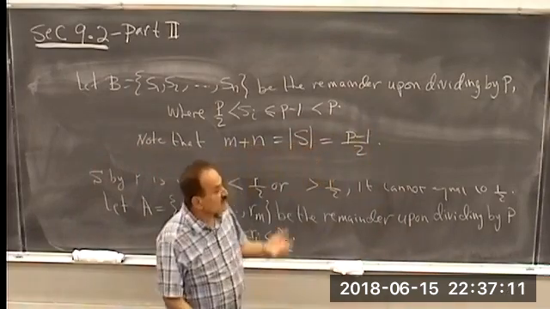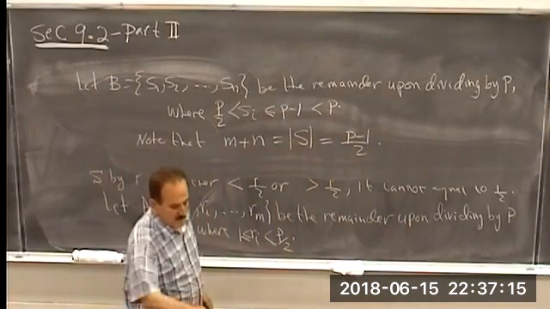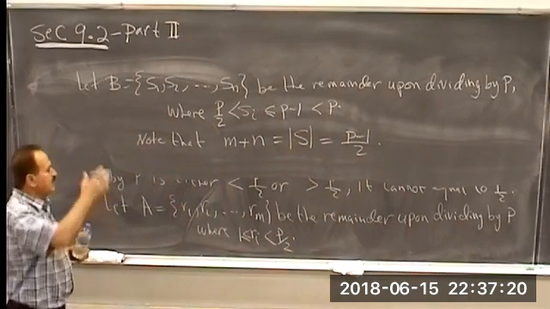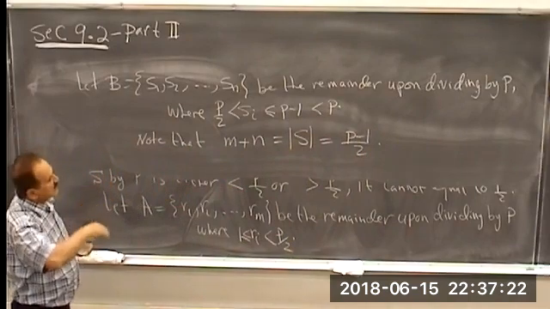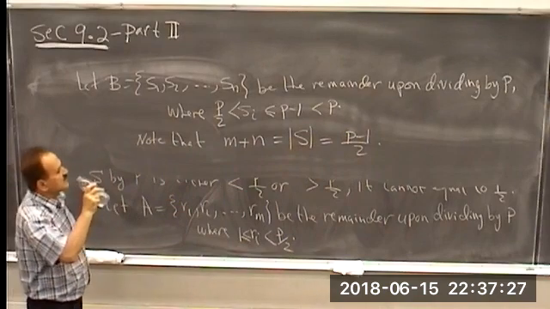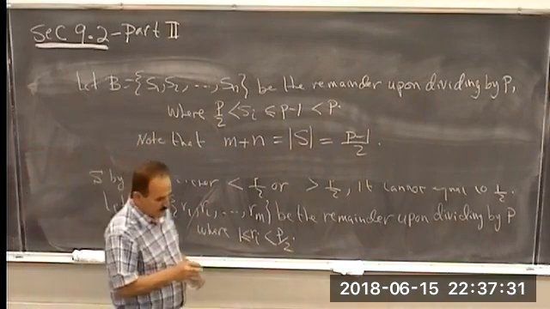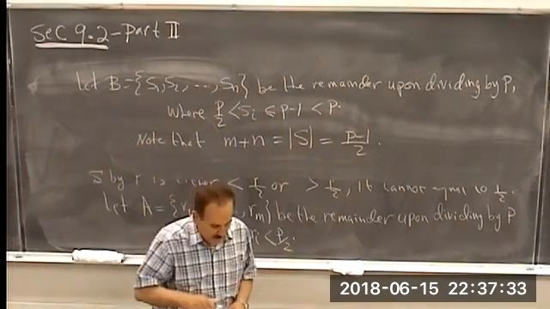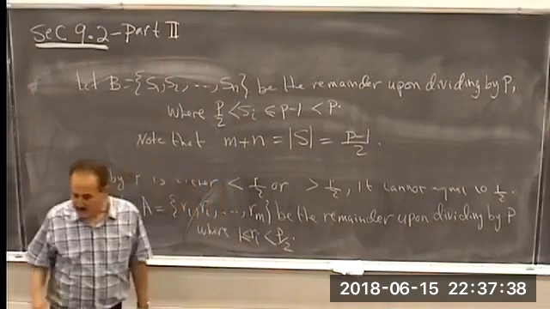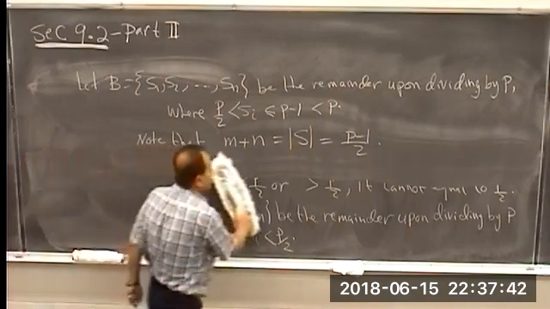Because we are just taking the elements in S and dividing them by p, and those with remainder less than p over 2 go in A. If the remainder is bigger than p over 2, we put it in B. So they just partition S.